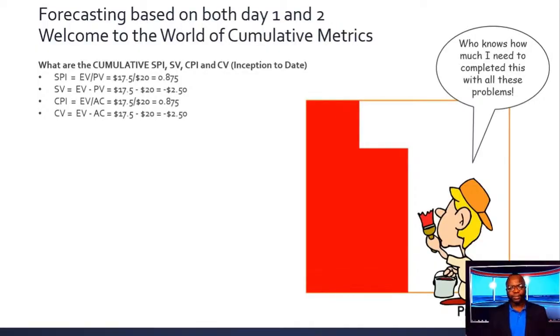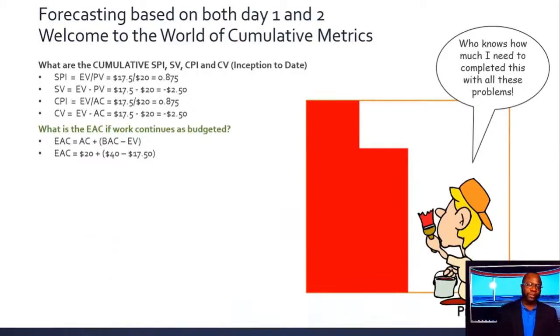The AC becomes the addition of day 1 and day 2, 20 as well. The EV becomes 10 plus 17.5, and you get these. Now the task becomes, what is the EAC based on various conditions? So let's take a look at the various conditions here. So let me get up my slides.